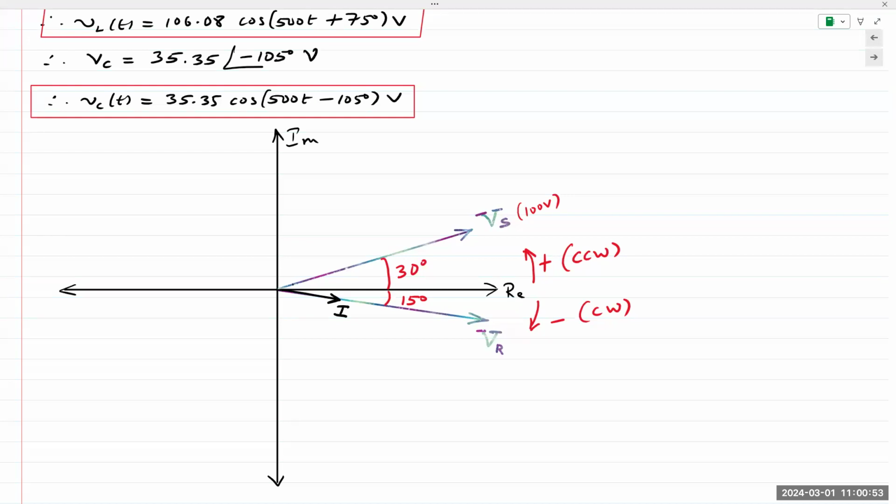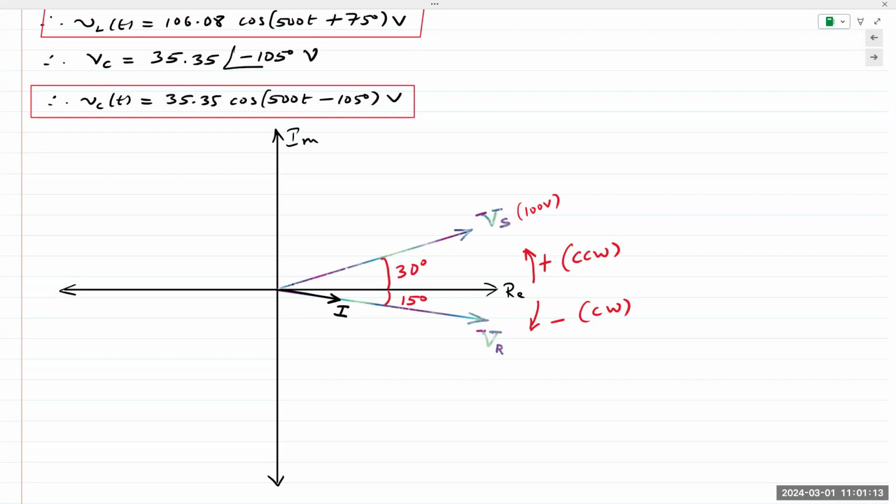Absolutely correct. Clockwise, yeah. But the reference direction for a phasor or a vector is always counterclockwise. And so it always goes counterclockwise direction. Yeah.